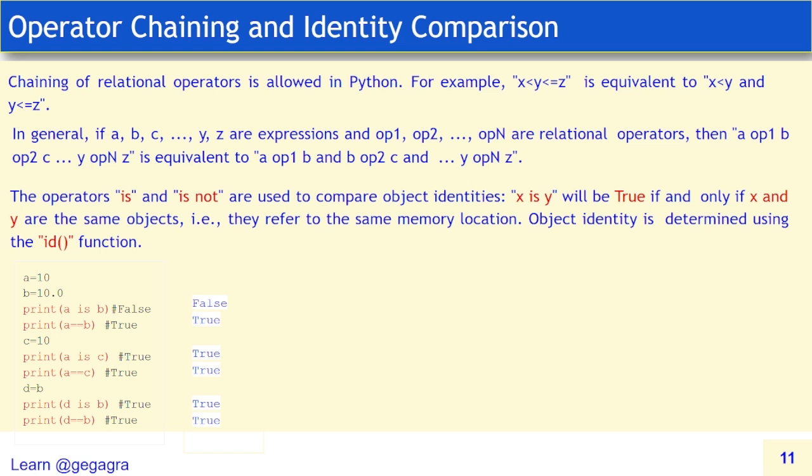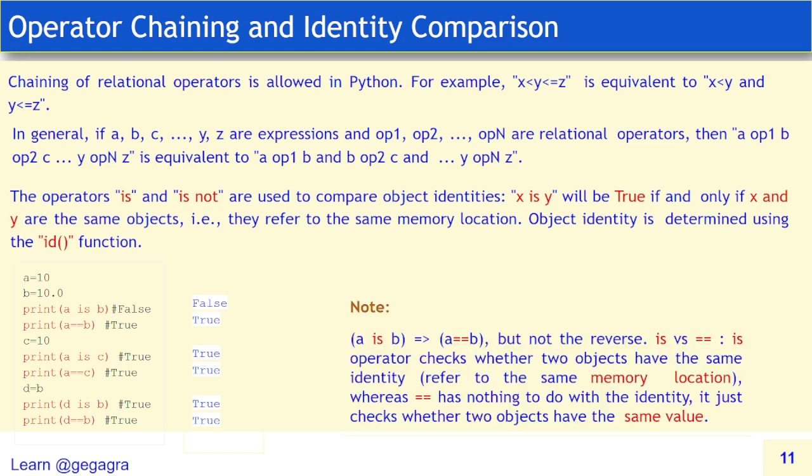So a is b implies that a is equal to b but not the reverse, as we have seen through this example. Is versus equal. Is operator checks whether two objects have the same identity, means the same memory location, whereas equal has nothing to do with the identity.